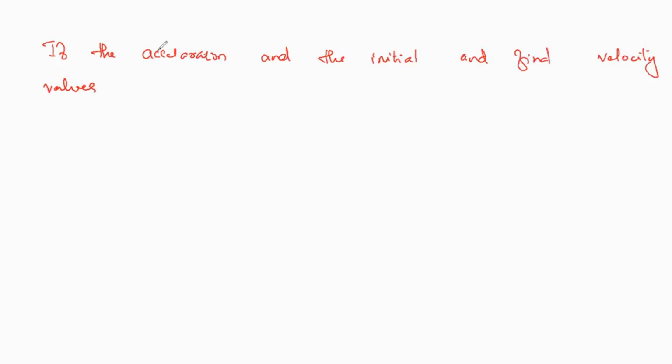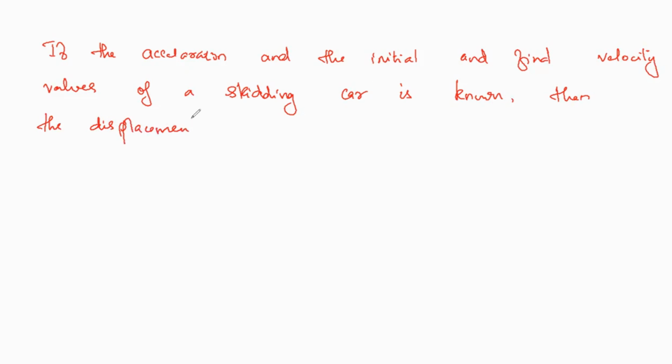For example, if the acceleration and the initial and final velocity values of a skidding car are known, then the displacement of the car and the time can be predicted. This is just an example.